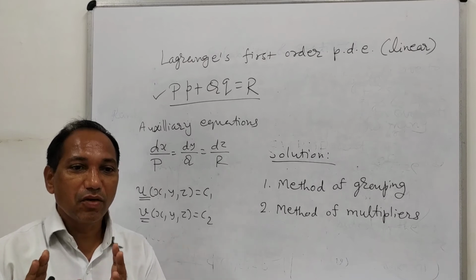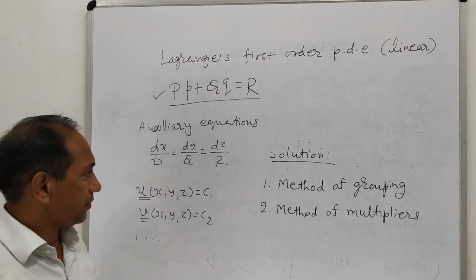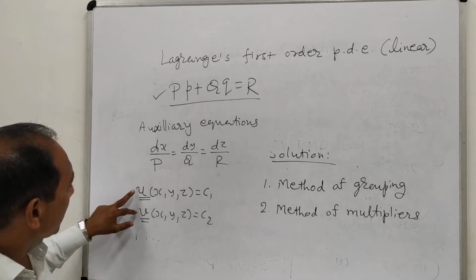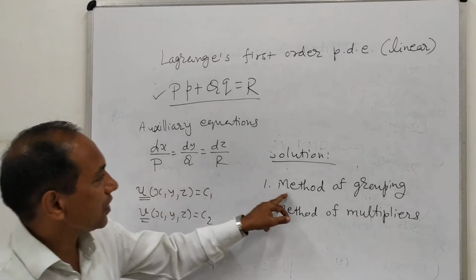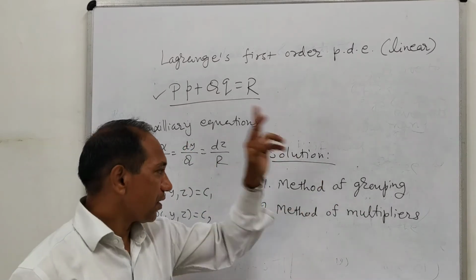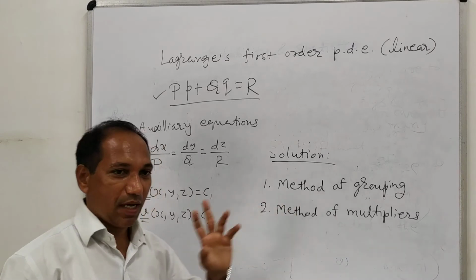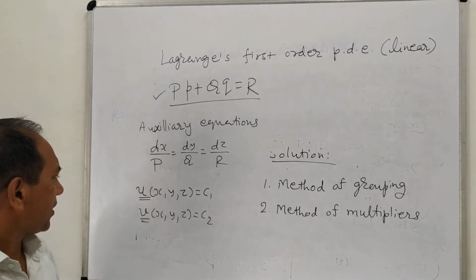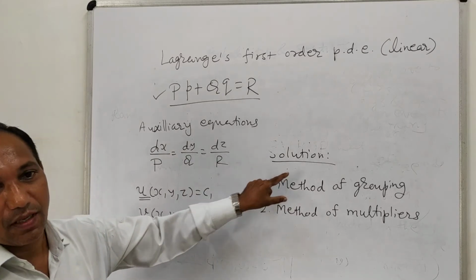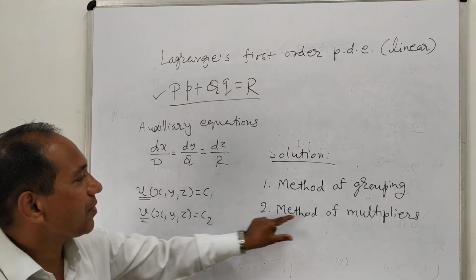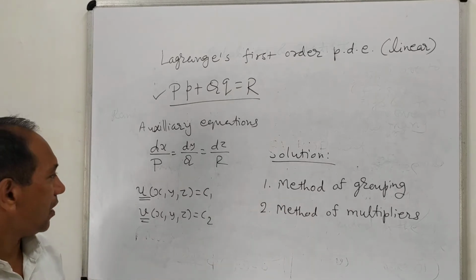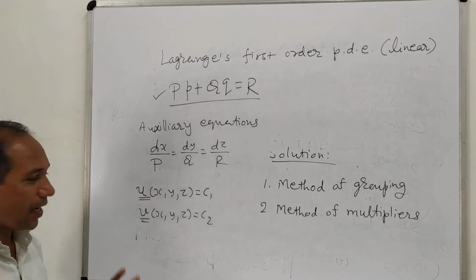One point you need to remember is that for some equations we can get both u and v by using a single method, either the method of grouping or the method of multipliers. But sometimes the first solution can be obtained by the method of grouping and the second solution by the method of multipliers. So we can also use both methods to find u and v.